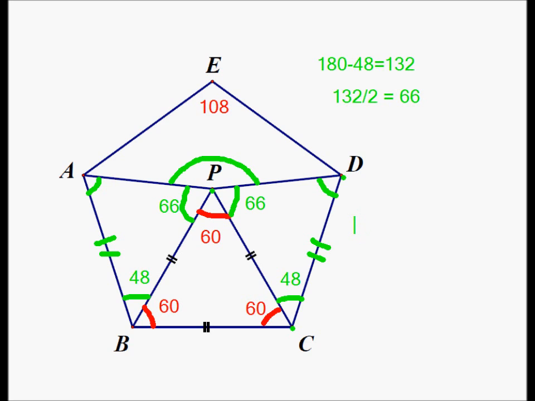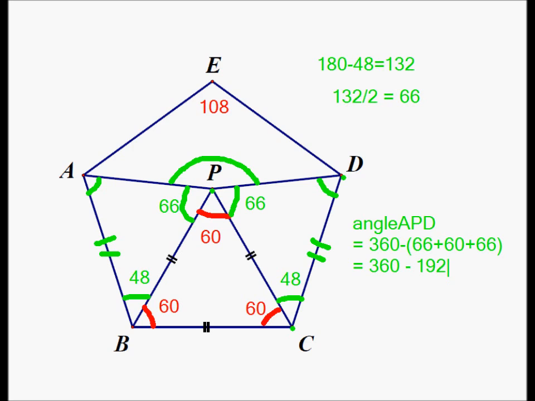The measure of angle APD is equal to 360 minus 66 plus 60 plus 66, and that turns out to be 360 minus 192.